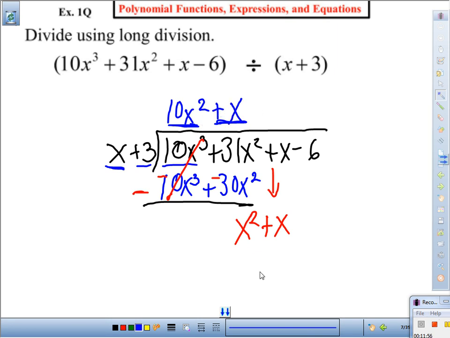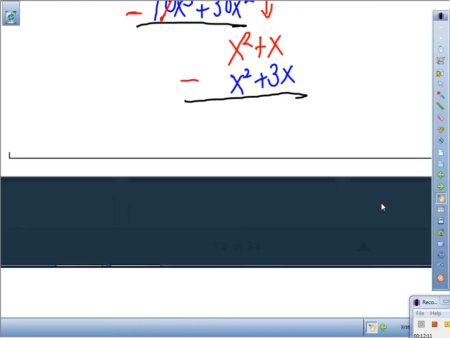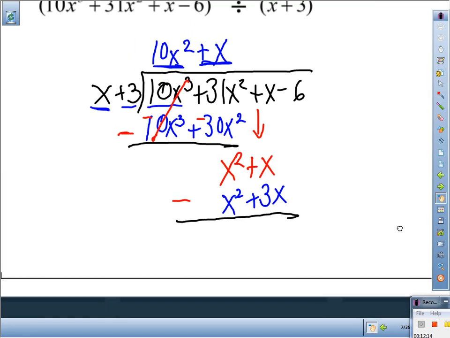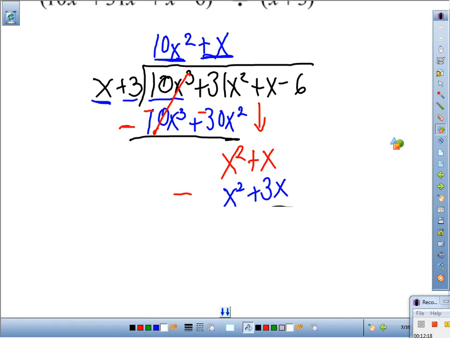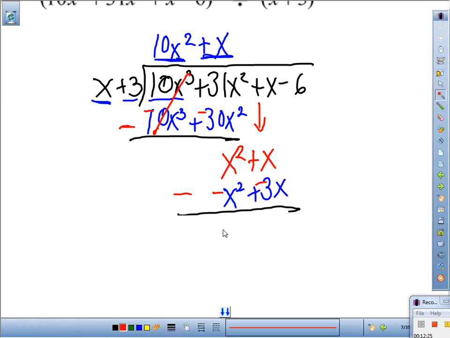X times x is x squared. X times 3 is positive 3x. Once again, what do we do? We subtract. So this is a negative, so we end up with, let's see, negative 2x.